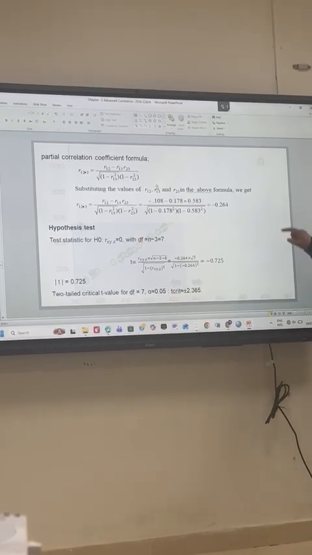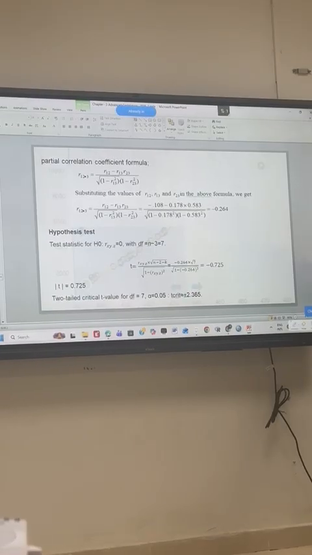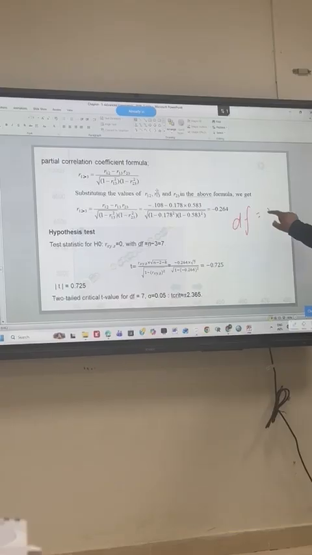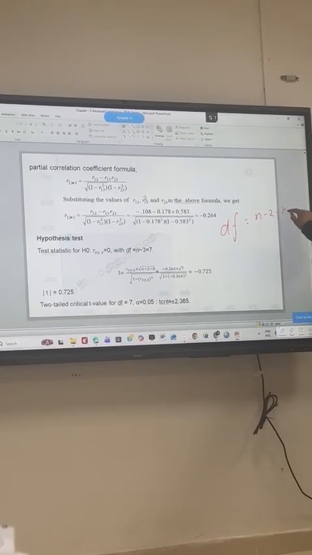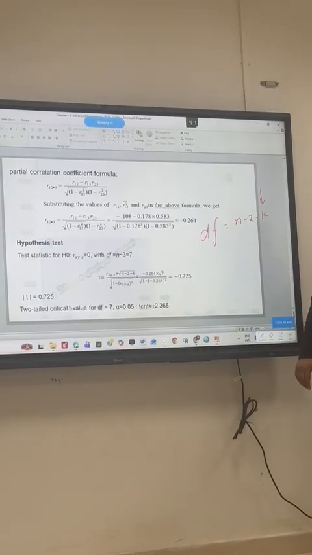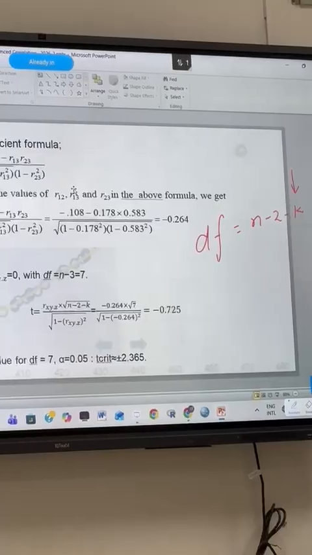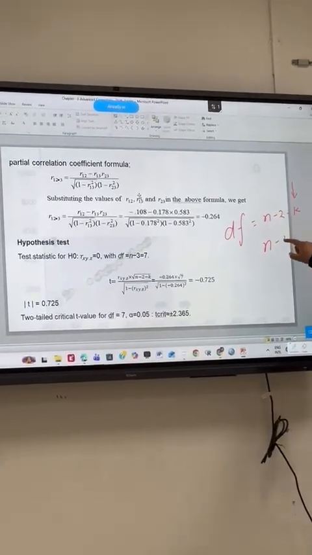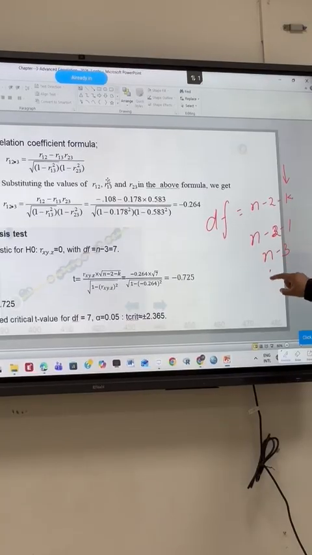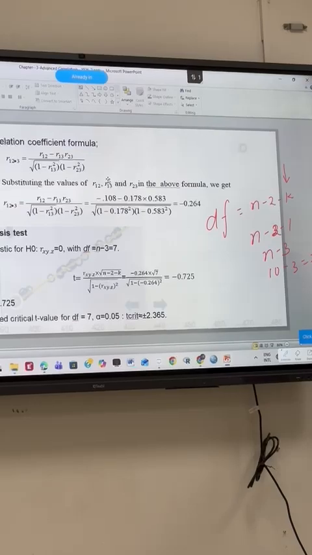Degrees of freedom equal n minus 2 minus k, where k is the number of variables controlled. Here we control one variable, age. So n minus 2 minus 1, n minus 3. N is given as 10, so 10 minus 3 is 7. Clear?